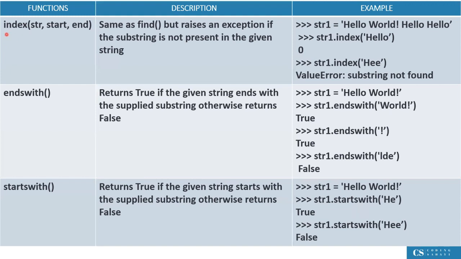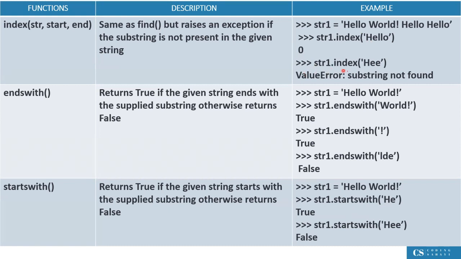Next function is index. Index is also the same as our find function, but if the substring is not present in the given string, then it gives an error. For example, str1 is equal to "hello world, hello hello", then str1 dot index of hello also returns the index position of that particular string. Here I am searching hello in the string, and it is in the 0th position.